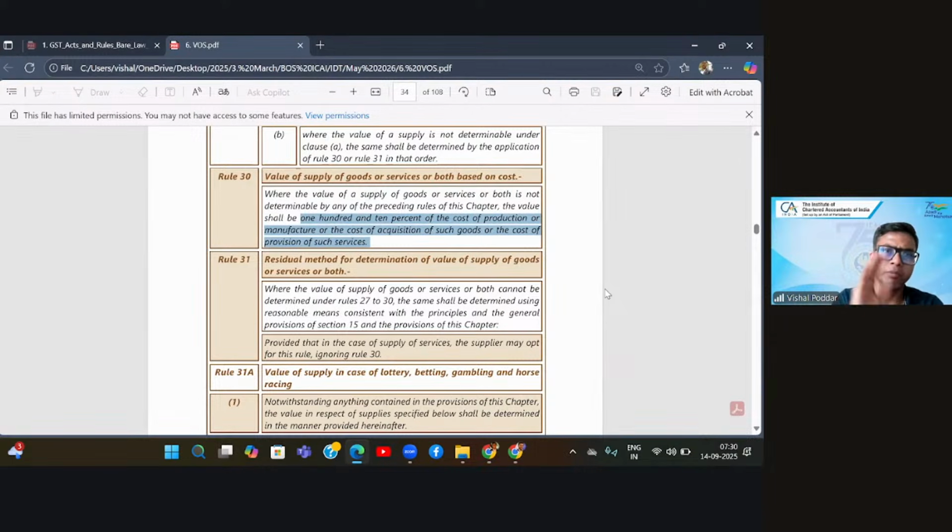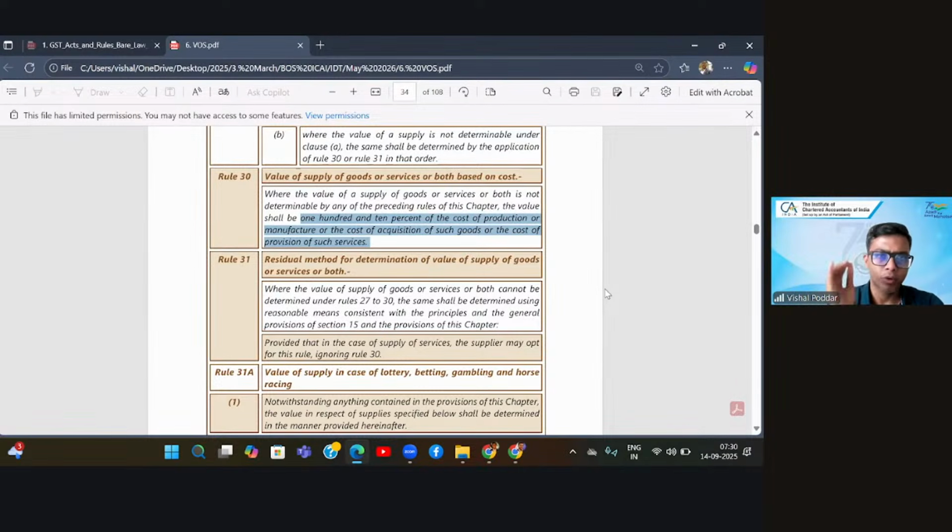So students, it is nothing but your CA Inter-level cost sheet. To that cost of production, add 10%. Now what is this 10% towards? I'm sure you'll understand. It is towards your general profit margin. So law assumes that there is a profit margin of 10%. Adding that, they say this will be your taxable value.